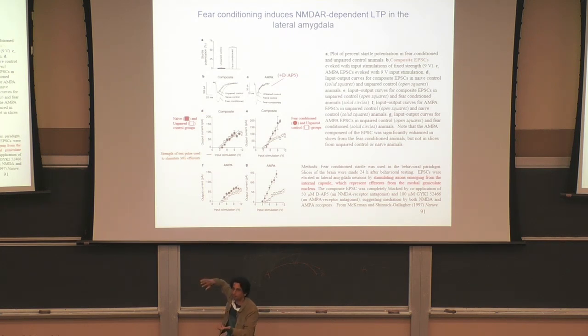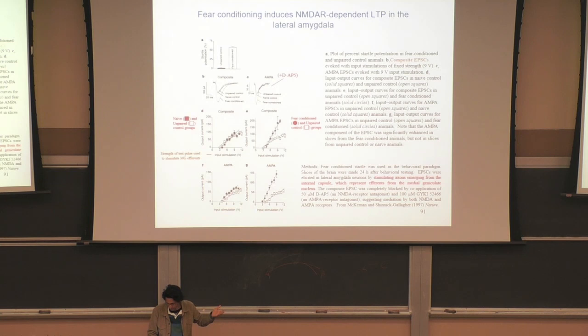That component is also stronger in the AMPA part of the response. If you do the experiment again while blocking the NMDA receptor, so you just see the AMPA component, the AMPA response is bigger after fear conditioning, showing there are more AMPA receptors or more phosphorylated AMPA receptors, etc.